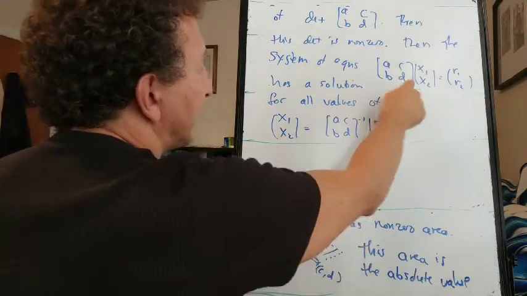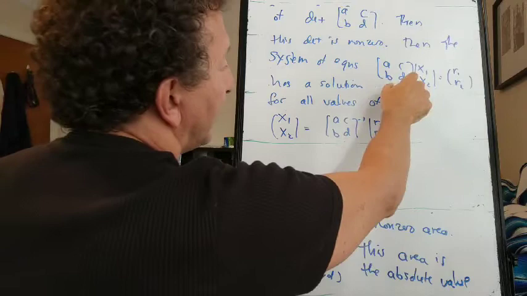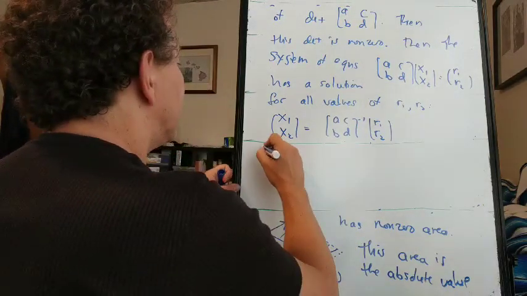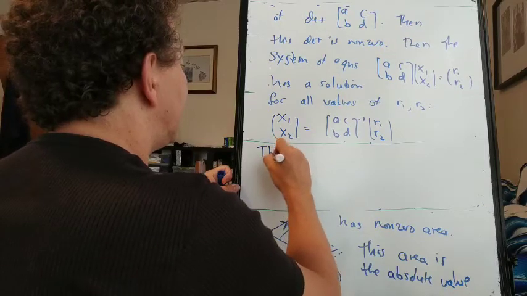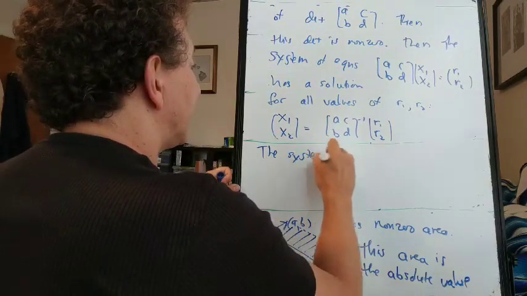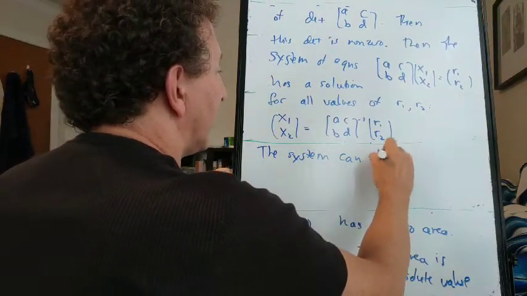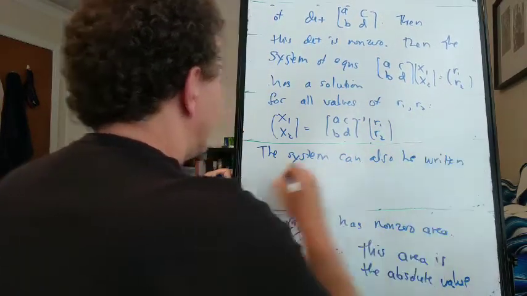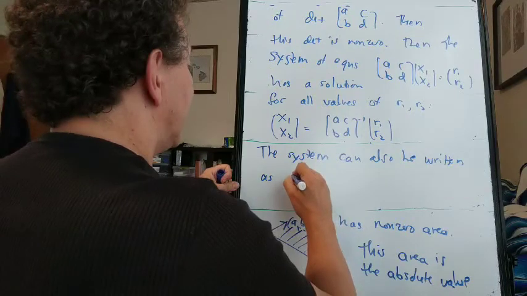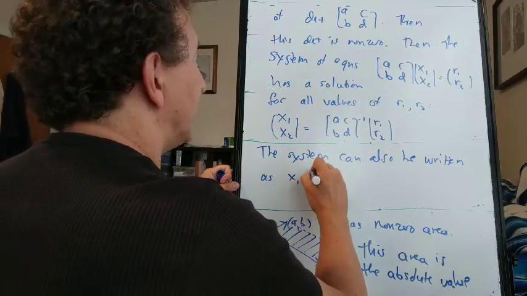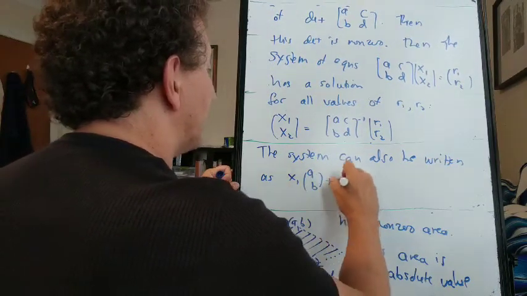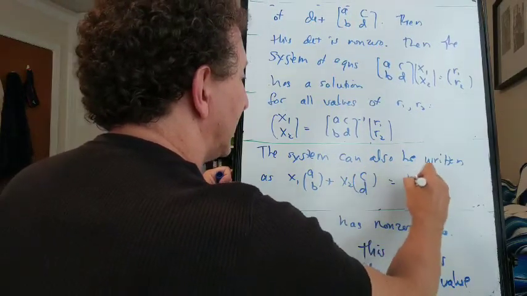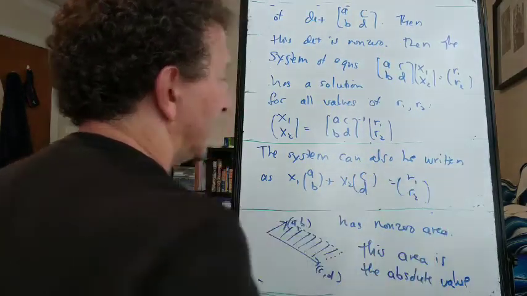So if this has a solution, we can break up this matrix, so the system can also be written as x1 times (a, b) plus x2 times (c, d) equals (r1, r2).